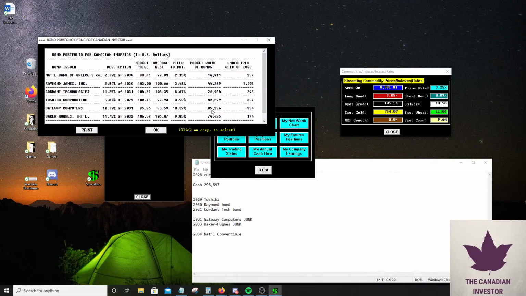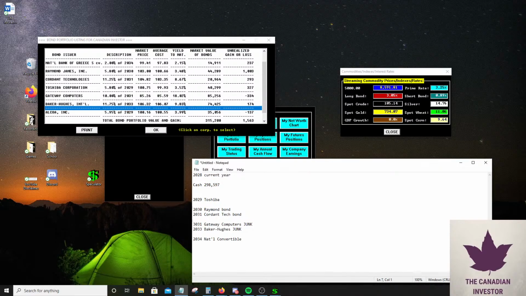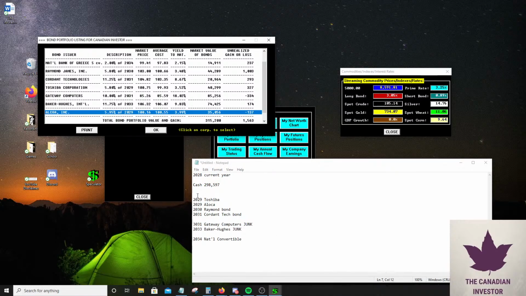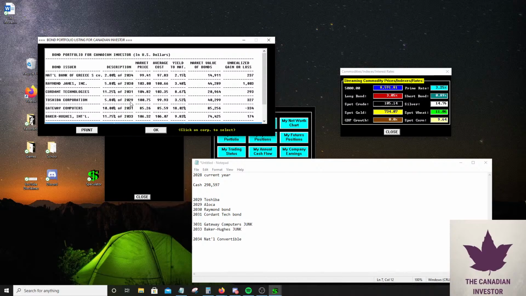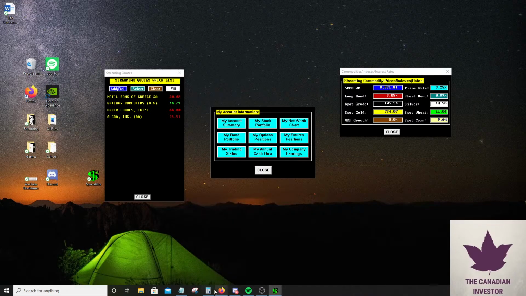So in this case, we have a little bit of cash on us right now. Alcoa, 2029. Oh, my bad, I didn't do the date. So right now we have Alcoa, which pays us in 2029. We have some long bonds, but we don't have a lot of long bonds at the moment, which I mainly don't want to keep.